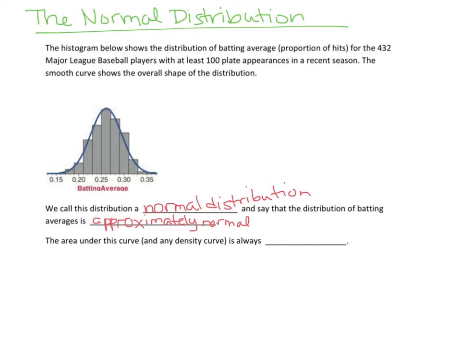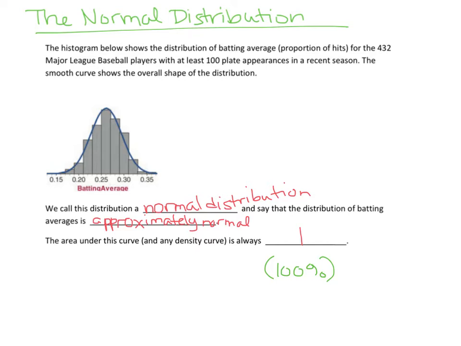The other thing that's important is that the area under this curve and any other curve that we get, we're going to get one called the chi-squared in the future, the area is always going to be 1. And most people like to think of this as something like 100%. And this area helps us determine what proportion of the values in the distribution are in certain places.